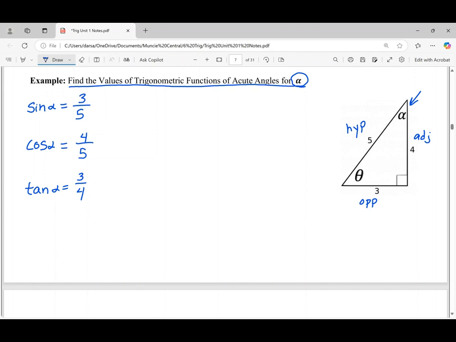Then we need to find secant, cosecant, cotangent. And I'm going to remember every pair has a co. So cosine isn't going to go with cosecant. It's going to go with secant. Sine is going to go with cosecant. And tangent, that one's a little bit easier, goes with cotangent. Now, how do I get these?